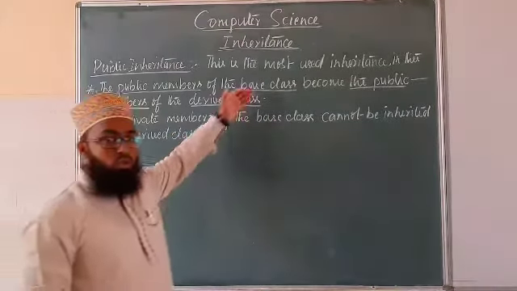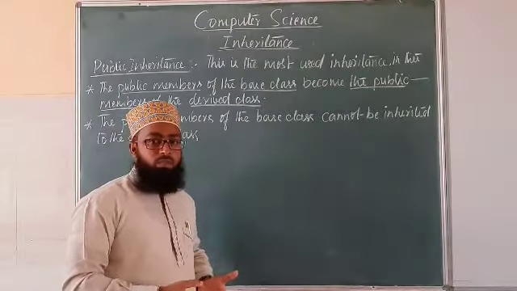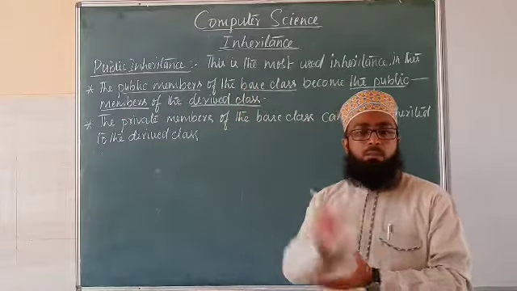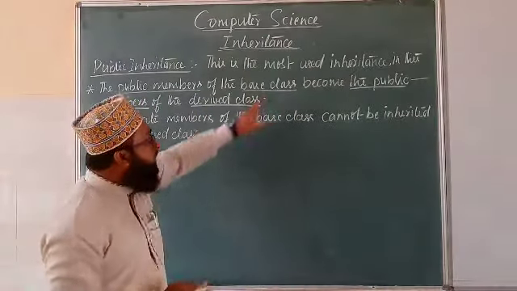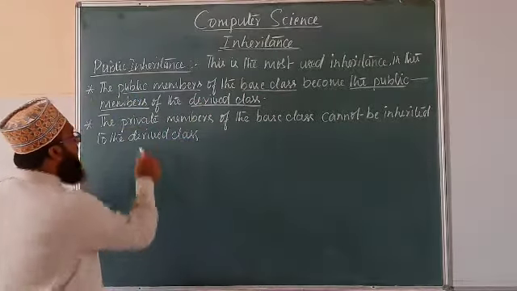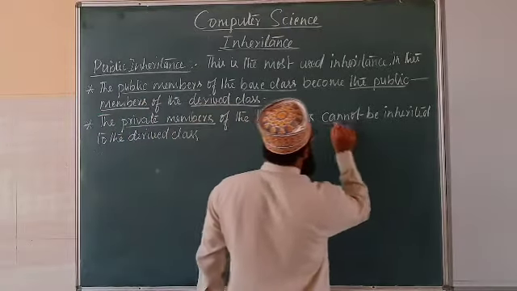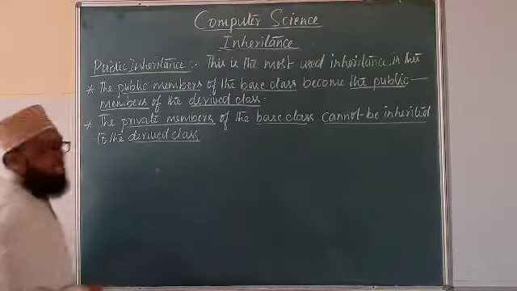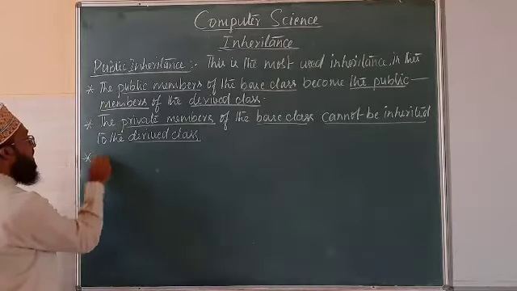First you go through the explanations, then I will explain by giving an example, and then you will understand clearly what public inheritance actually means. In the first point, the public members of the base class become the public members of the derived class, and the next point, the private members of the base class cannot be inherited to the derived class.